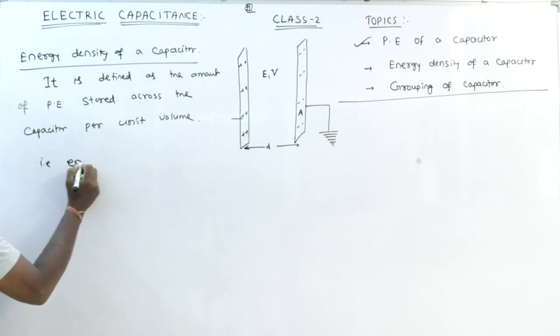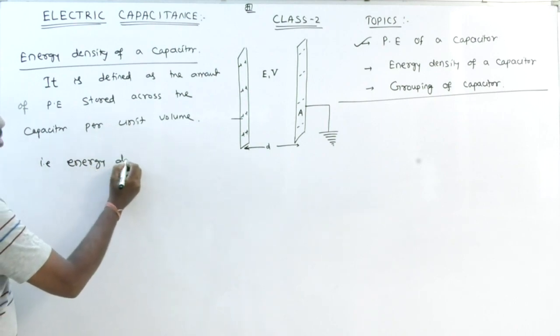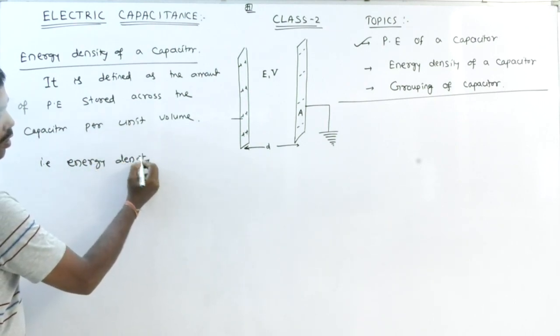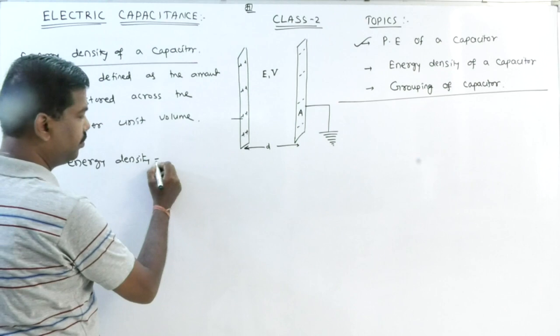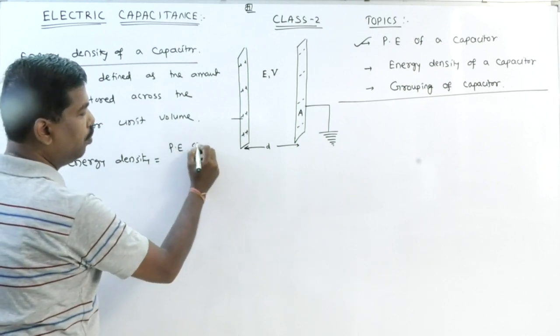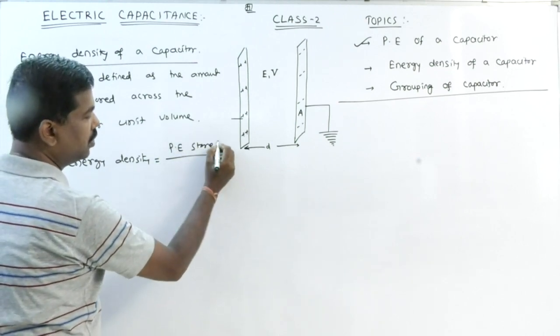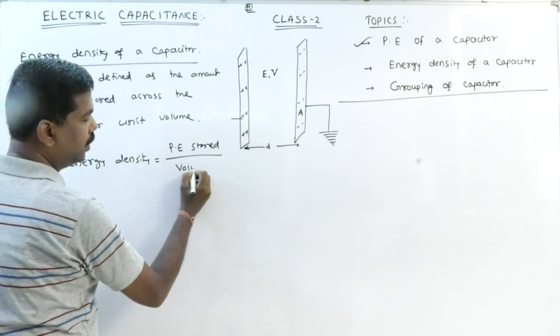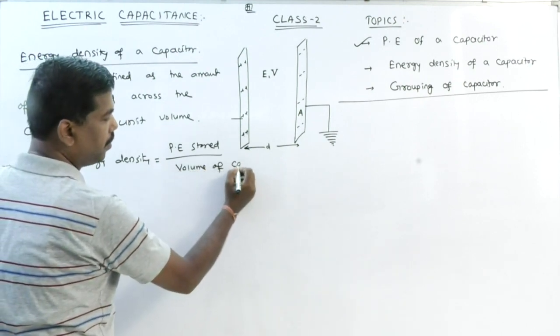That is, energy density is equal to potential energy stored per volume of capacitor.